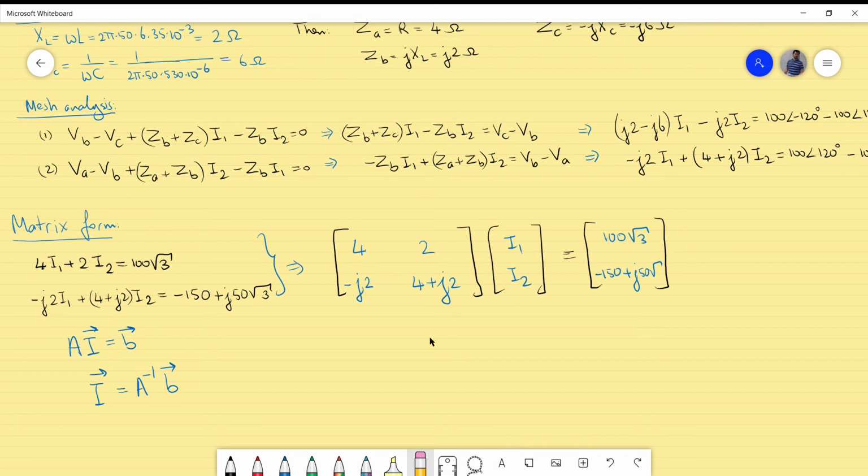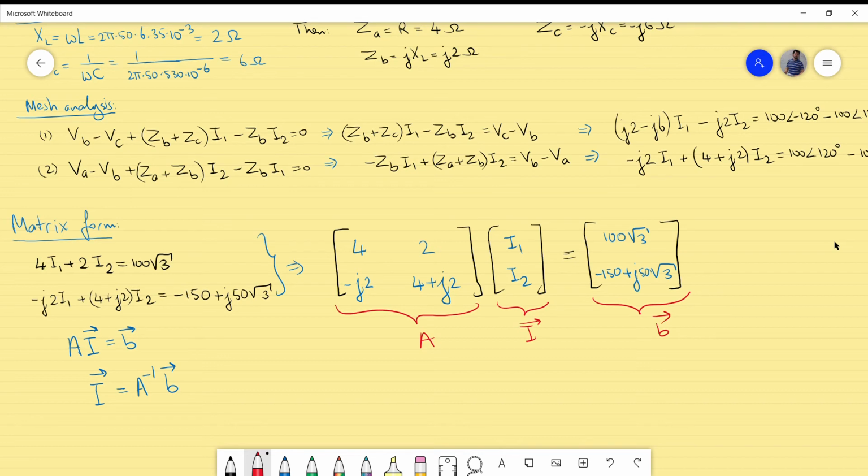Maybe I will make this a little bit larger so you can see better. Okay, so this is the matrix A, this is the current vector I, and this is the vector B.